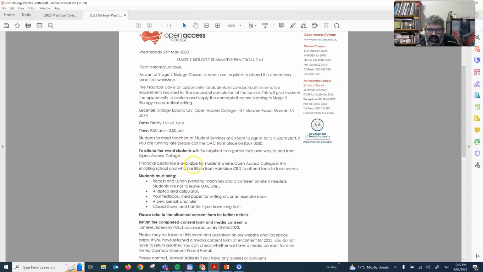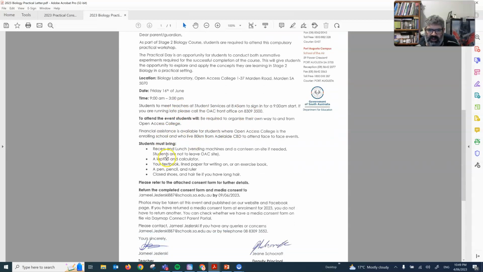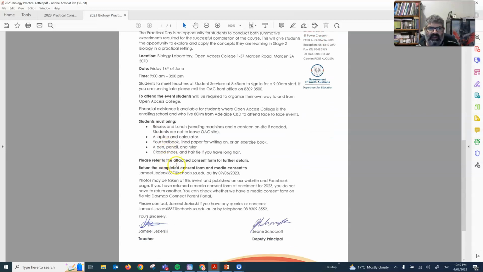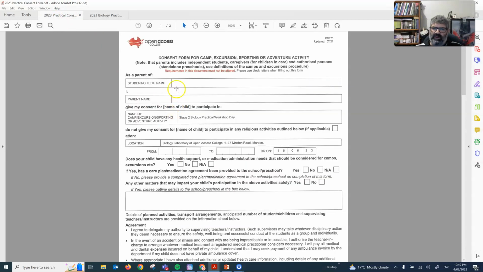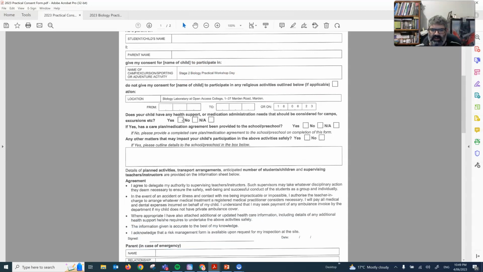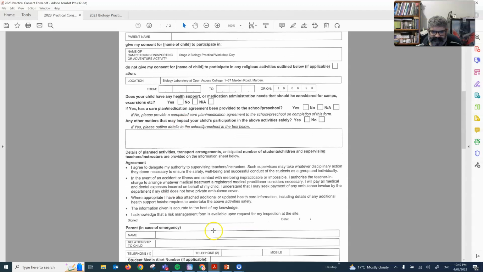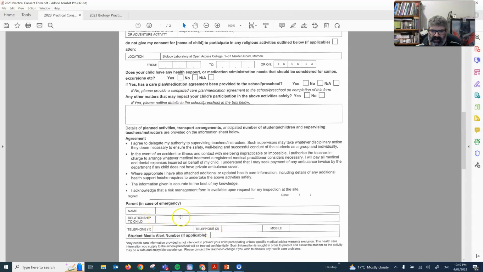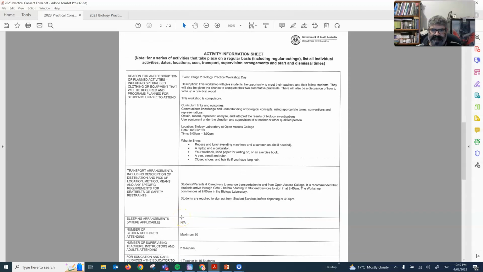You need to sign in and what you should bring and all those details. And very importantly, I need your consent form with your name, your parents' name. I'm assuming you're under 18, and we need a signature and parent details in case of emergency. And there's a few more details about what's happening on the day.